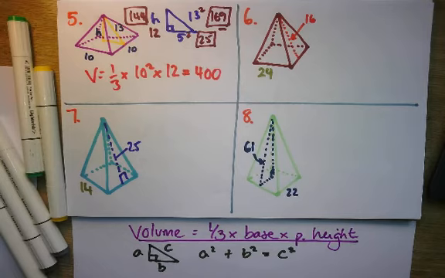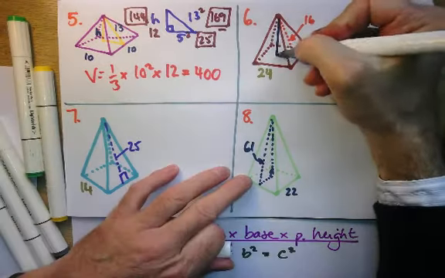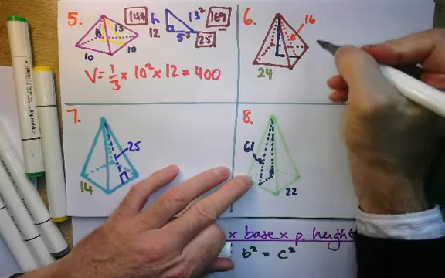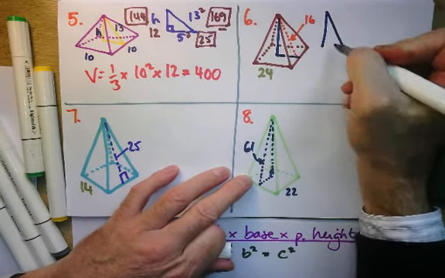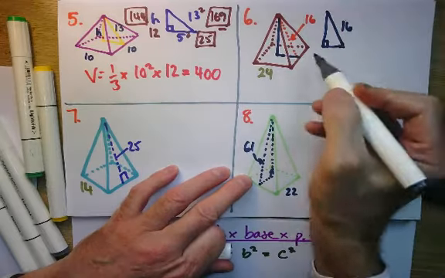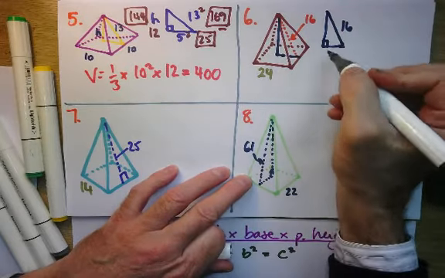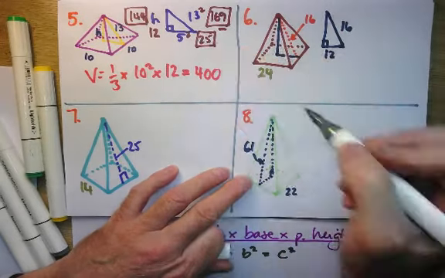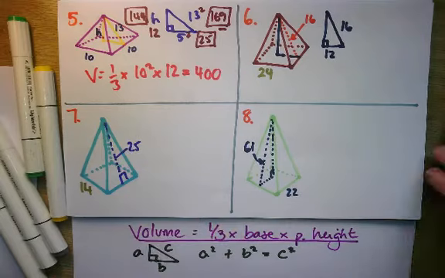Now let's look at question 6. Very similar to the one we've just done. First of all, I need to draw out the triangle. So there you go. So here's my triangle, right angled. I know that's 16. That base there is half of 24. So same process here. I need to find that perpendicular height.